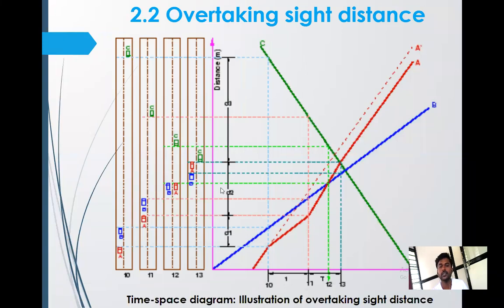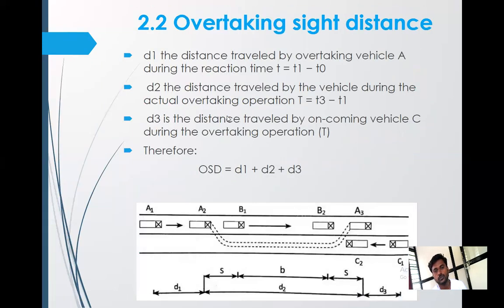That is indicated by the distance D2, and in this time period the vehicle C travels some distance in the other lane, and that distance is taken as D3. D1 is the distance traveled by the overtaking vehicle A during the reaction time T, which is T1 minus T0.